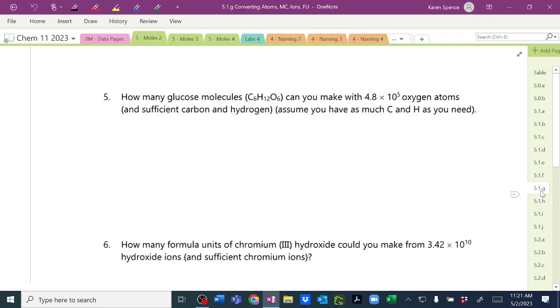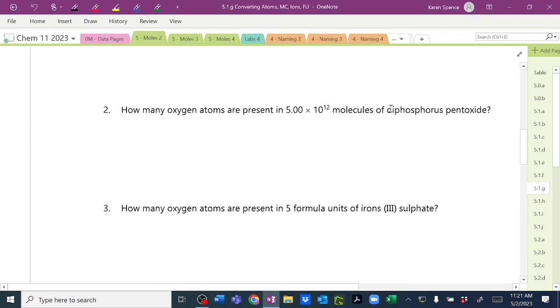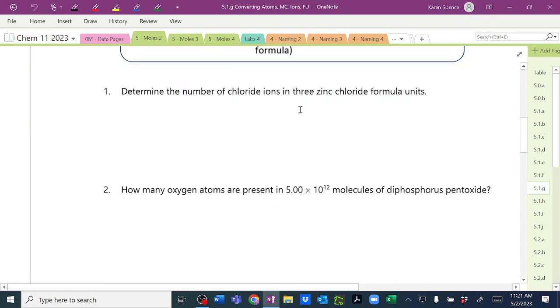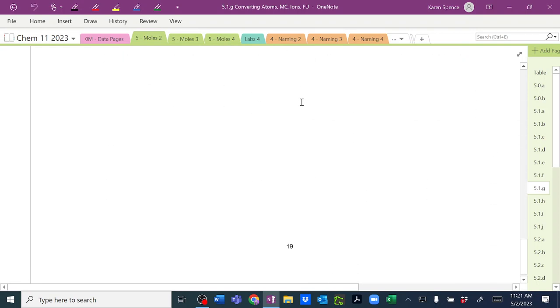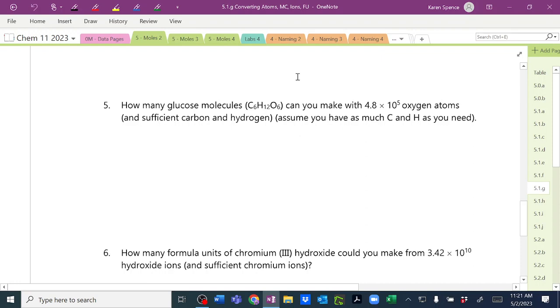Oh no, for 5.1g we're not going to do 1 to 4, we're going to do 1, 3, 5. There we go.